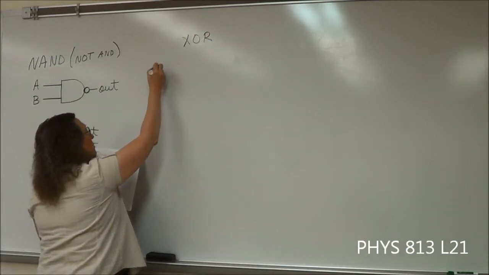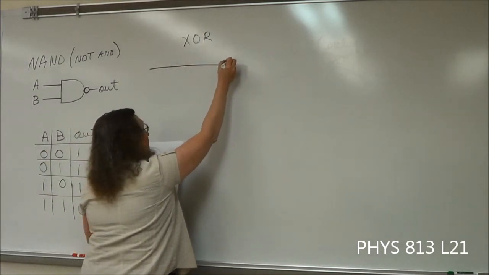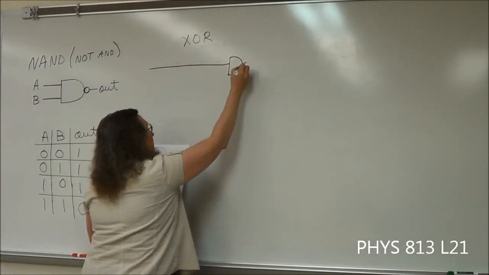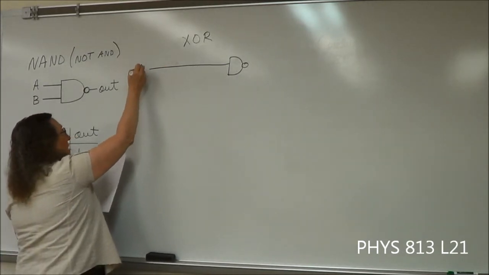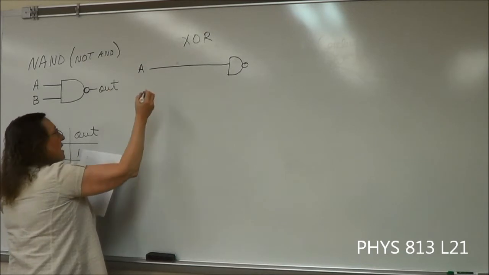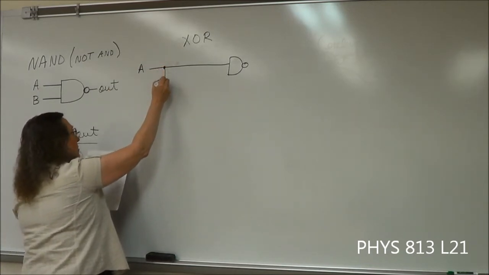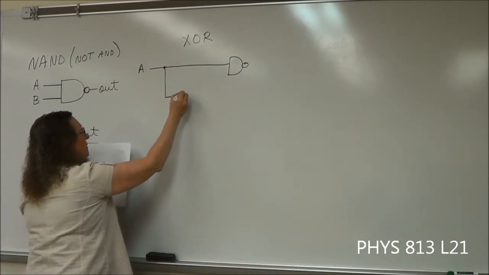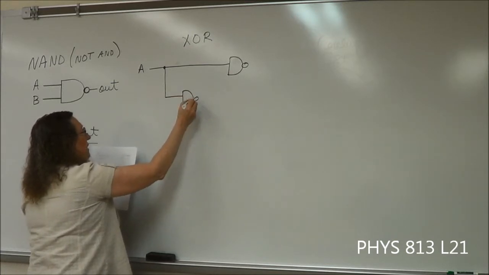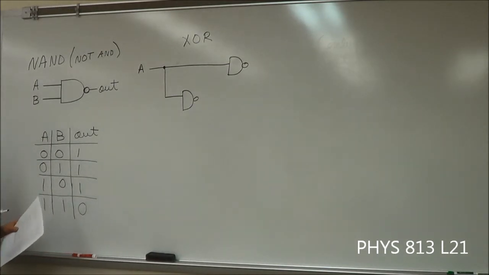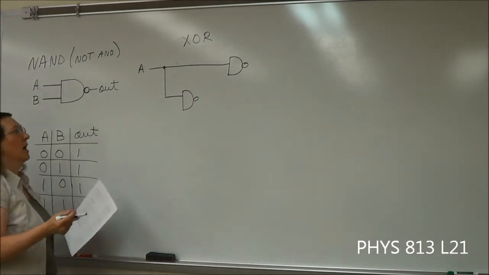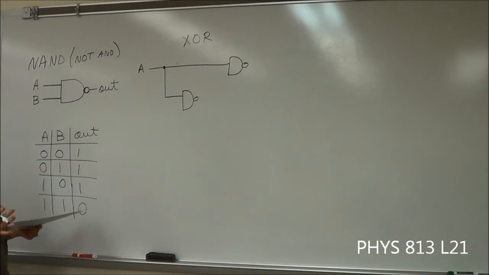Okay, so I'm going to draw a line down here, put a NAND, and then this is our A input. Then from here, I'm going to come down and over with a NAND. Notice that I've put a dot there. I put a dot there to mean that those two lines are actually joined together if you were making a circuit.